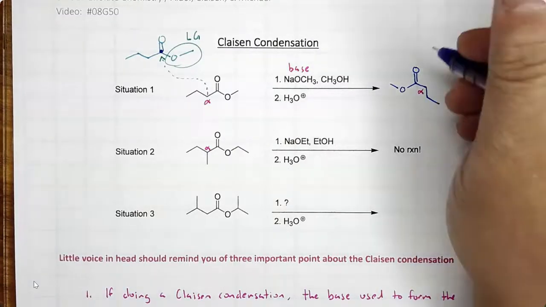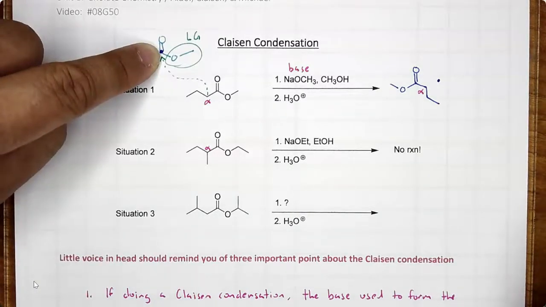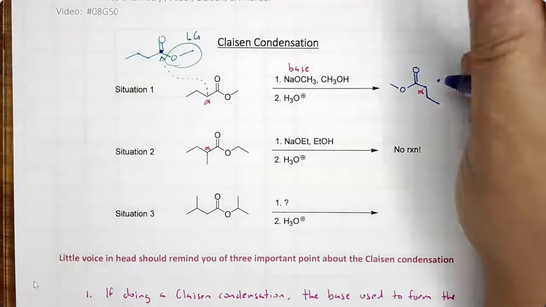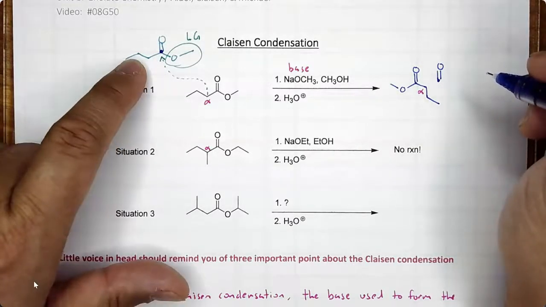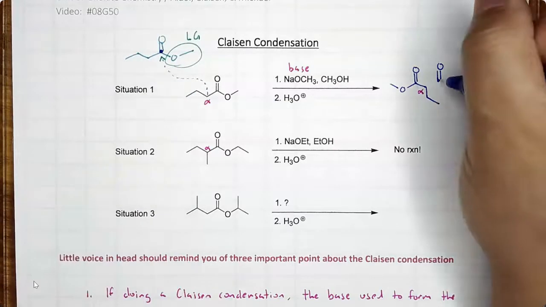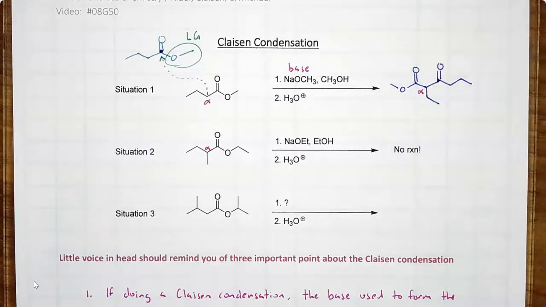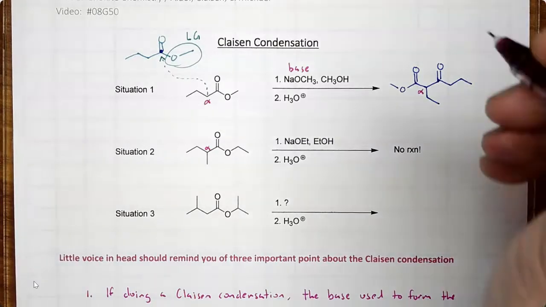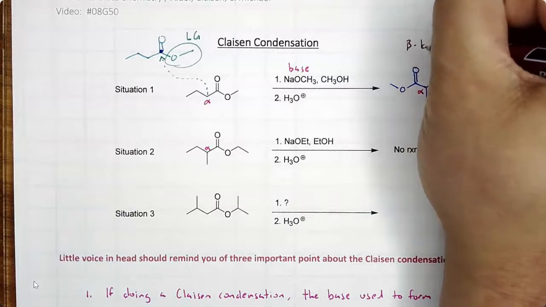It's attacking to the northeast, so there's my dot over here. You keep the carbonyl, and you draw what's on the dot, except don't draw the leaving group. So 1, 2, 3, and that's your connection. And you can always double check. This is now a beta keto ester.